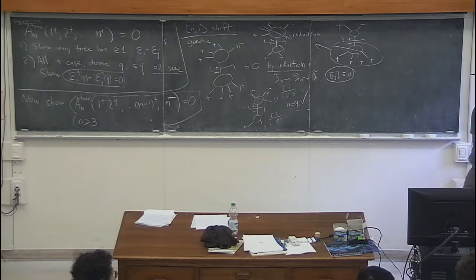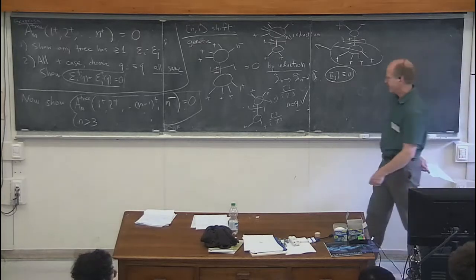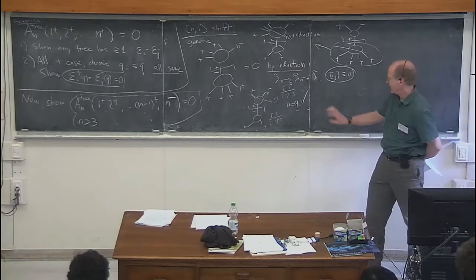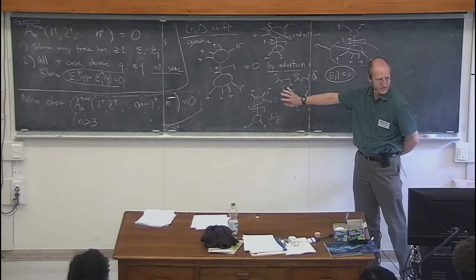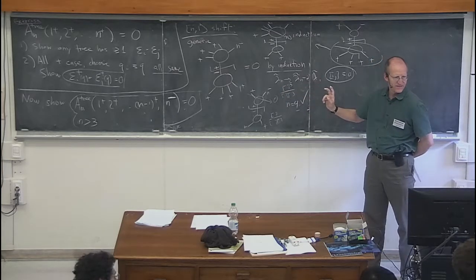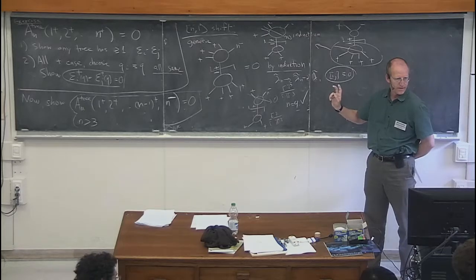Well, there's sort of a lousy argument that there are more square brackets upstairs than there are downstairs. So all of these guys are 0. Why they should be 0? Why they all should be 0?